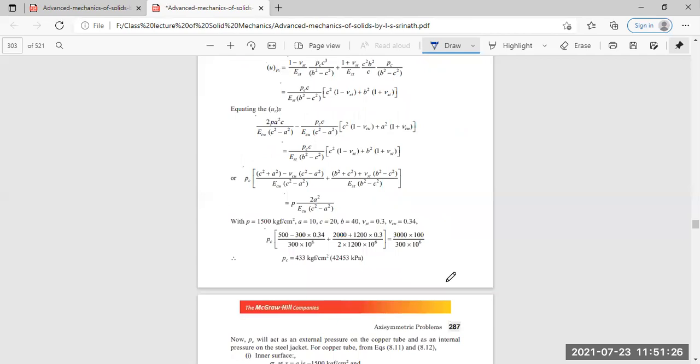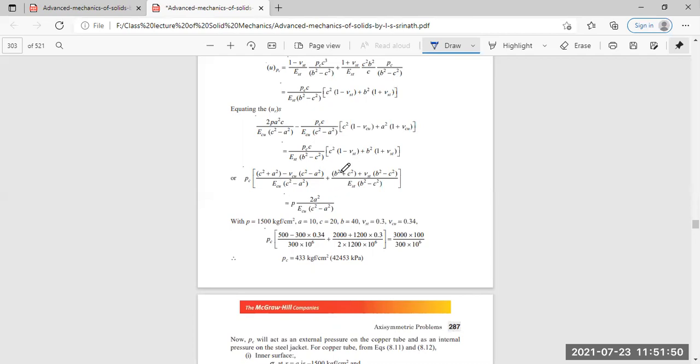What are the numerical values? We know the internal radius of the copper tube, the external radius of the copper tube is given, the internal radius of the copper tube is also given. Poisson's ratio for the copper tube is known, and the outer radius of the steel tube. Poisson's ratio is known, and Young's modulus is also known. We can put all of them here.